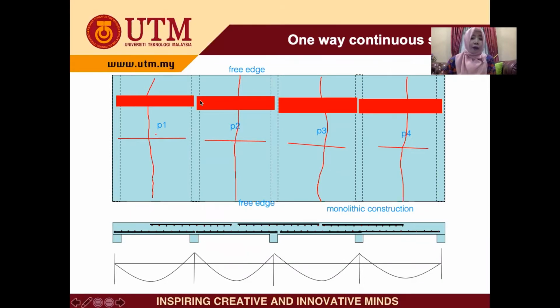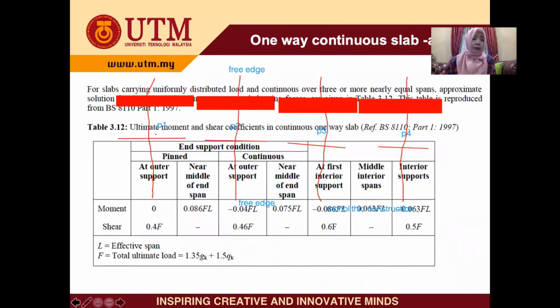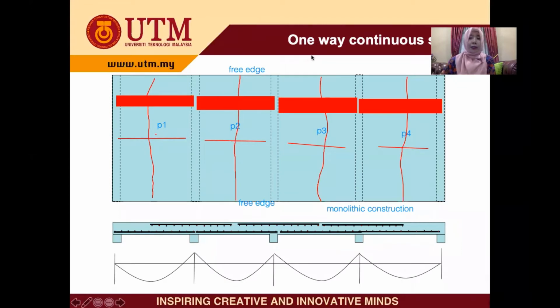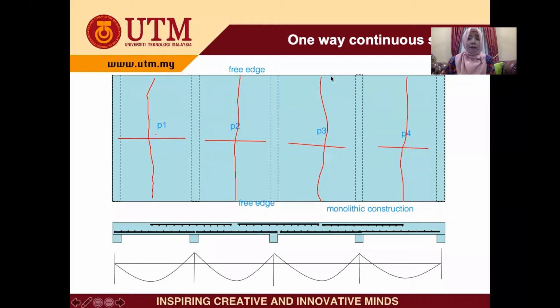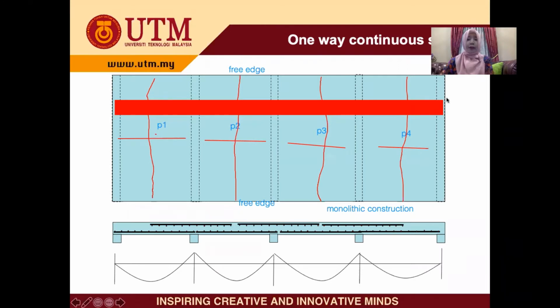Therefore, during design, we cannot assume it as simply supported here, simply supported here, simply supported here, and so on. So what we need to do is design from here to here, 1 meter width.